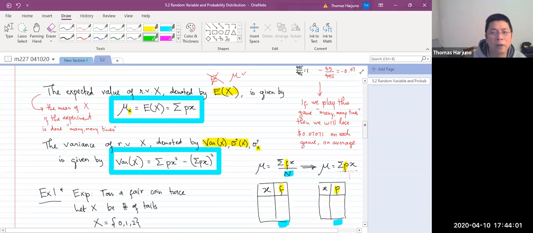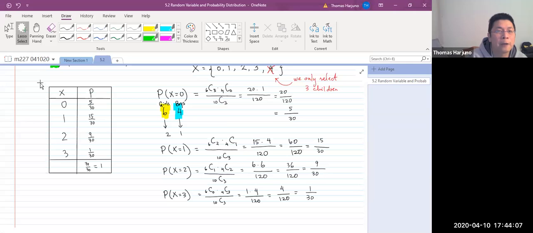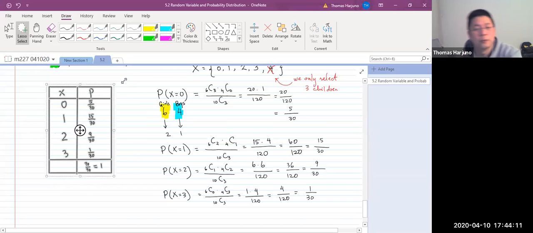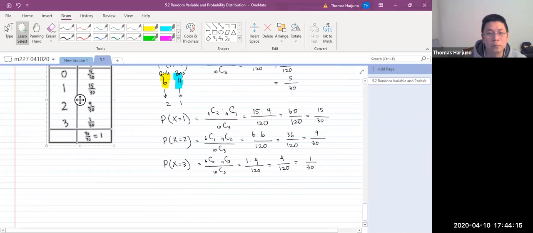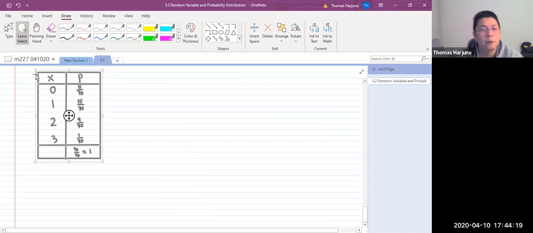Very similar to what we did before. Let me show you what I have in mind. So basically, I want you to extend this table.